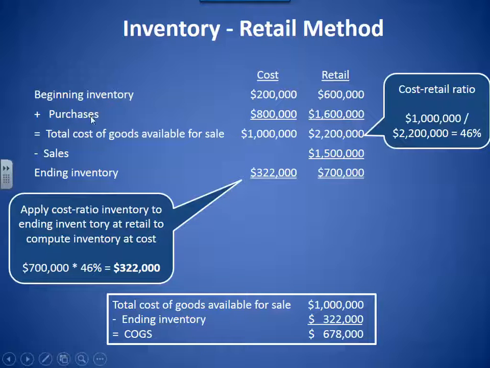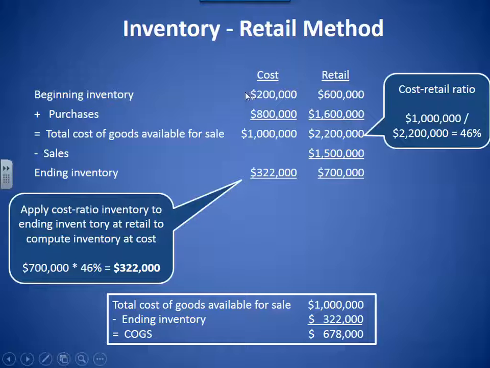In this particular case, for whatever policy or reason, this company has decided to mark up its cost by 100%. In other words, it costs us $800,000 in merchandise purchases, and from a retail standpoint, that is going to be worth $1,600,000 in sales.